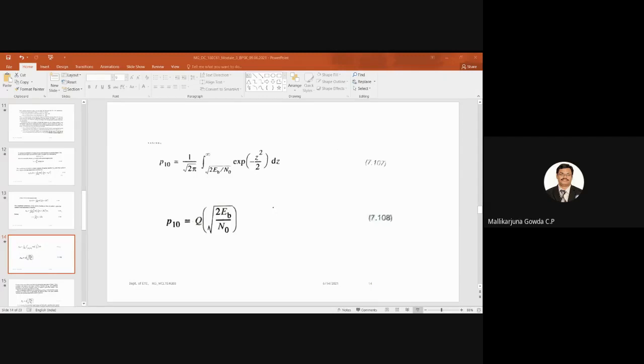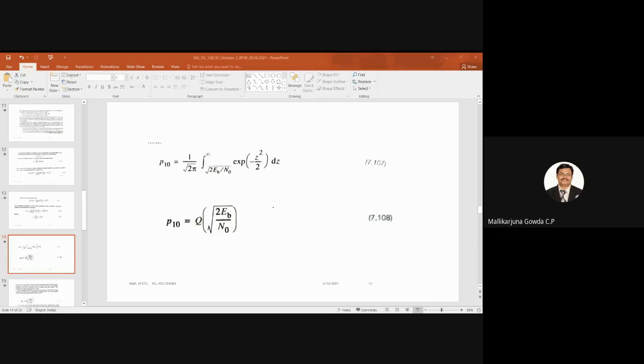I said it is the conditional probability of the receiver deciding in favor of symbol 1 when symbol 0 was transmitted, right? So this is what I express in the standard Q function. I can write P10 is equal to Q of root of 2 Eb by n naught. This is how we write the conditional probability of the receiver deciding in favor of symbol 1 when symbol 0 is transmitted.